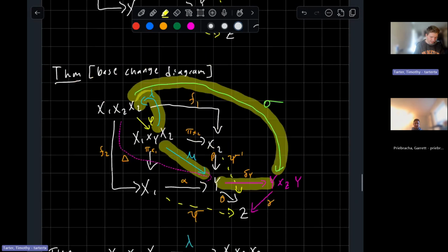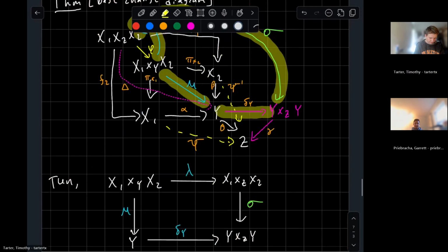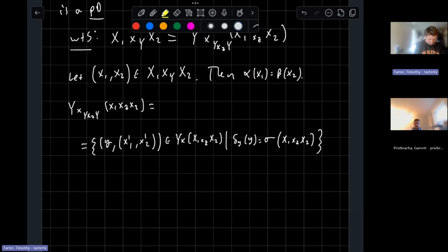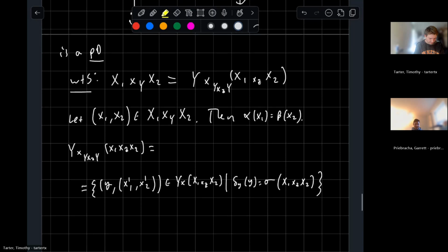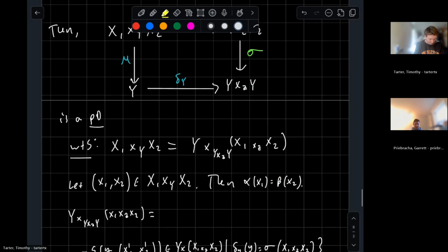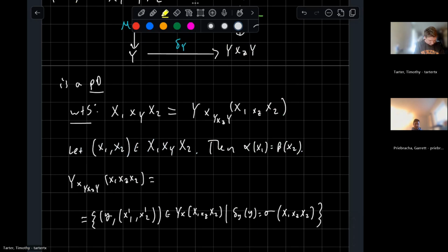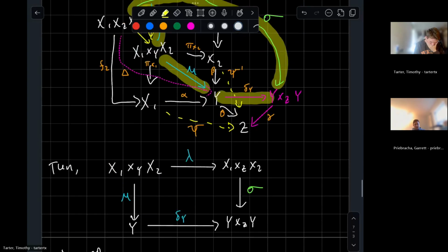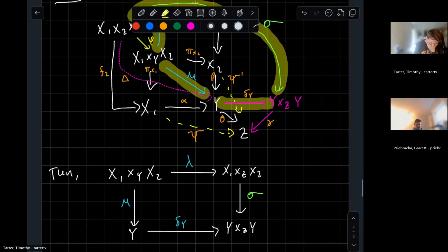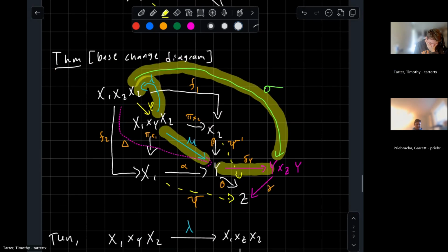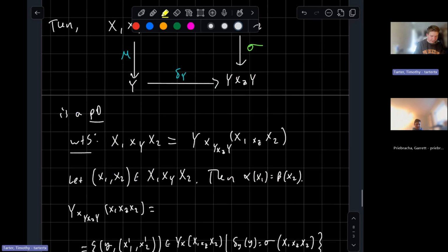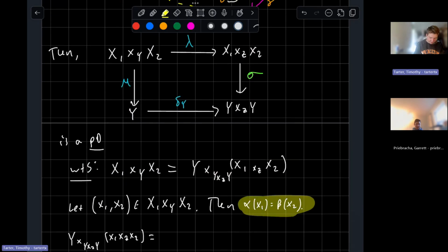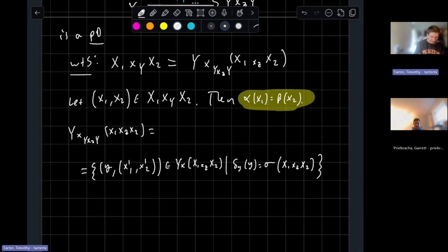And so we need to show, okay, so what we're showing here, alpha of x1 and beta of x2 live in y.